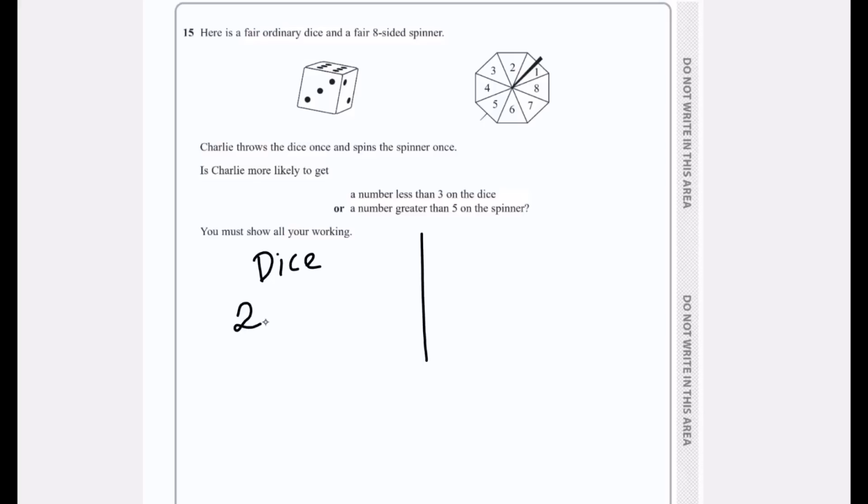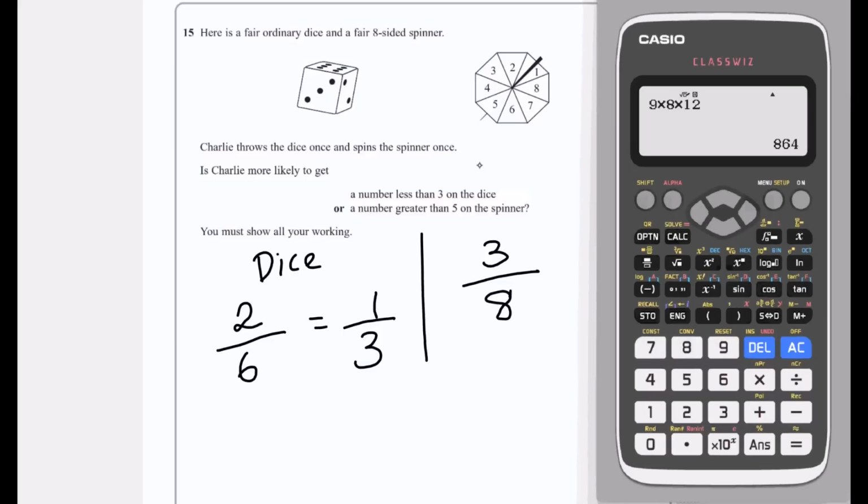So there's 2 options out of 6. So that's the same as 1/3. Greater than 5 on the spinner. There are 3 options greater than 5 out of 8 in total. So 3/8. So we're just comparing these two numbers.